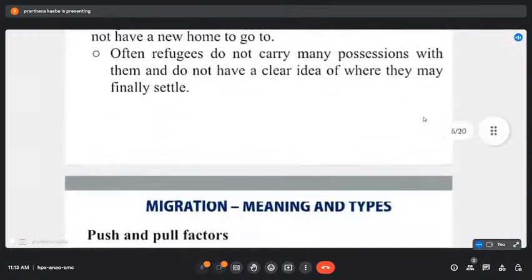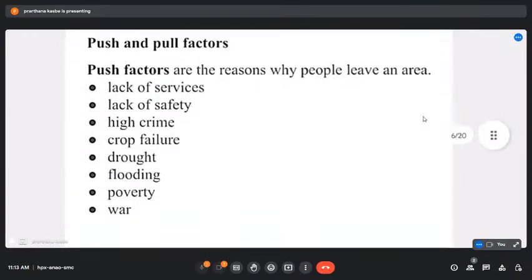That is the refugee. So while we discuss the migration, there are two main factors regarding the migration, that is push factor and pull factor. What is the example of push factor and what is the reason behind push factors?